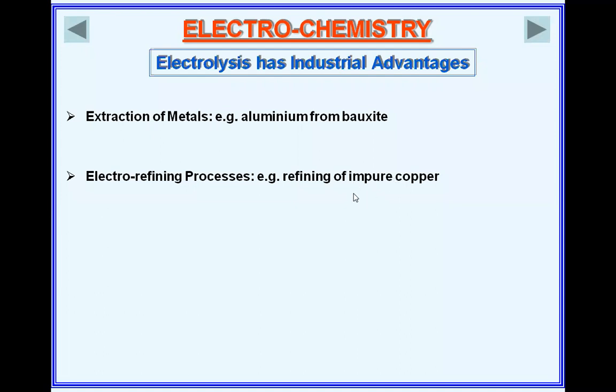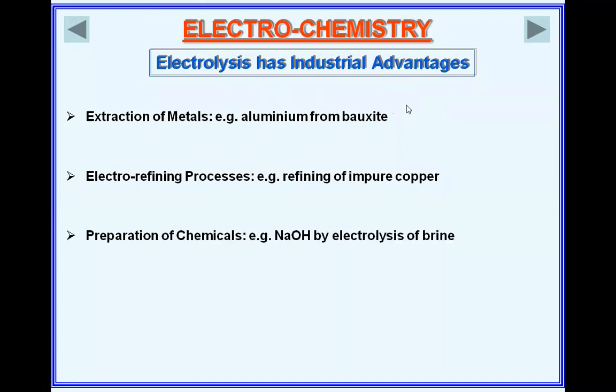So this would be considered as electrolysis of copper sulfate solution by using active electrodes. These are called the industrial advantages or uses of electrolysis: preparation of chemicals like sodium hydroxide by the electrolysis of brine, and electroplating like galvanizing, deposition of zinc metal onto another metal, like gold plating, silver plating, nickel plating, and chromium plating as well.